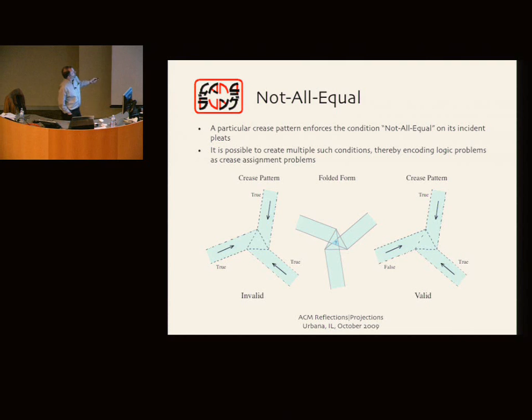So the only way to assign mountains and valleys to this crease pattern and make it work out is to have either 2 trues and a false, or 2 falses and a true. And so we'll call that crease pattern a not-all-equal, because it enforces that all the pleats can't have the same assignment.